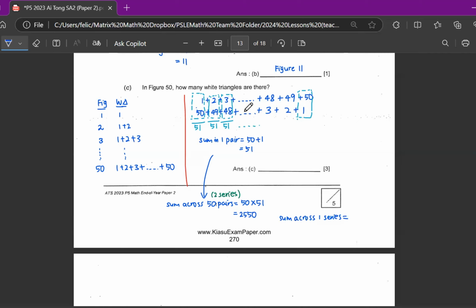Since the numbers involved in the addition are the same, I just rewrite the second series in the reverse order. Other than that, the numbers presented there are all the same thing. That's why I can simply use 2550 divided by 2, split across two series. And that gives us 1275. So since we are only interested in the sum of 1 to 50, which is one series, there you go. That is your answer, 1275.